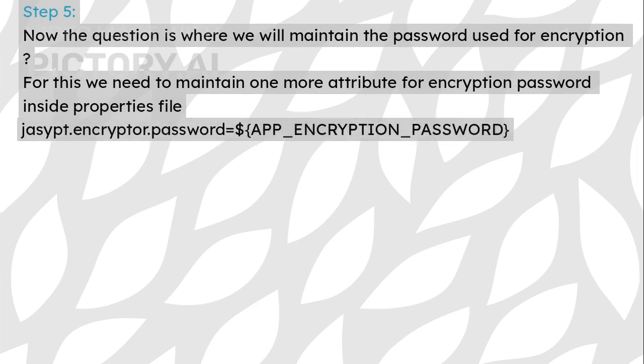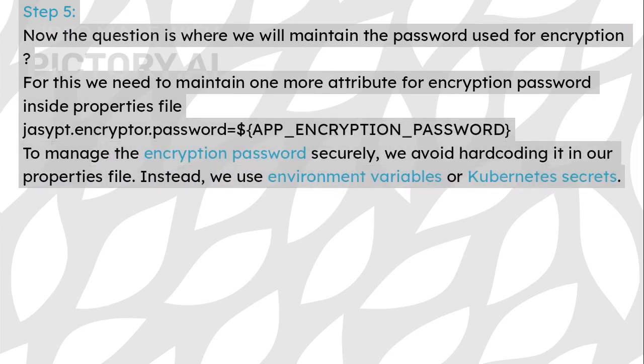Here you can see for this master password, we have to create a key value, which is jasypt.encryptor.password. This is the key, and the value is again a placeholder. So this is the placeholder for your master password. So you have to create this key value here in a properties file, but the master password we are not going to store here.